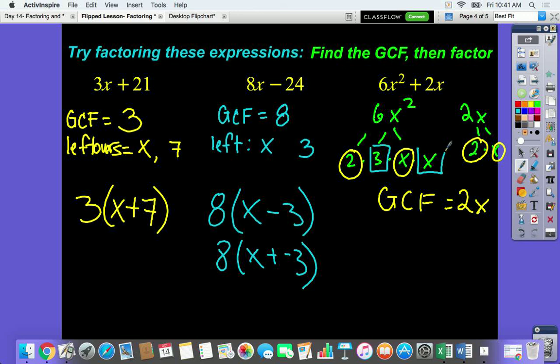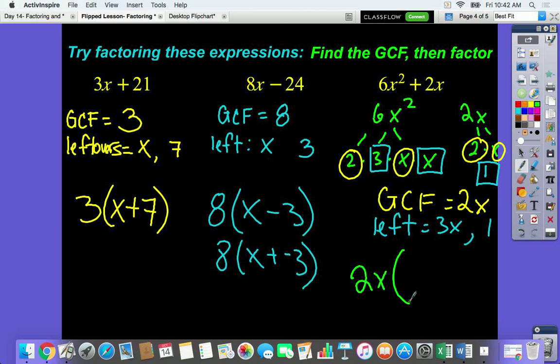What are my leftovers? 3x. And when I have nothing left for 2x, my leftovers, I should say, are 1. When nothing is left, the leftovers are 1. So, what's left? 3x and 1. When I factor out and divide 6x squared by 2x, let's put that in its right spot. 2x is my GCF.